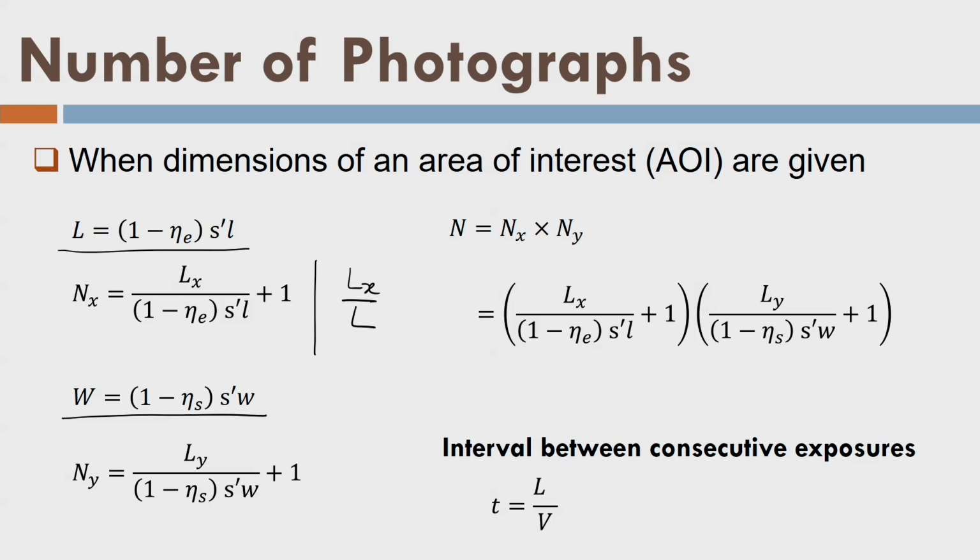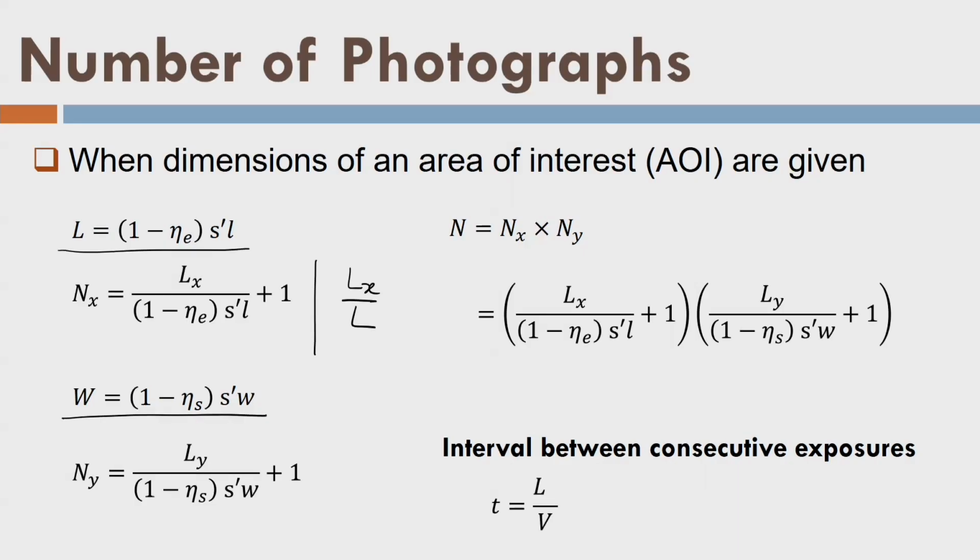I need to cover the whole terrain, or I need to derive my 3D stereo view for the whole area of interest, and as a result I need one additional photograph. The last photograph, which will not be able to cover the area, or which will just cover the area in one photograph, I want to cover in two photographs, and as a result, beyond the boundary of the area I need to have one more photograph, that is the last photograph, that will have end lap.